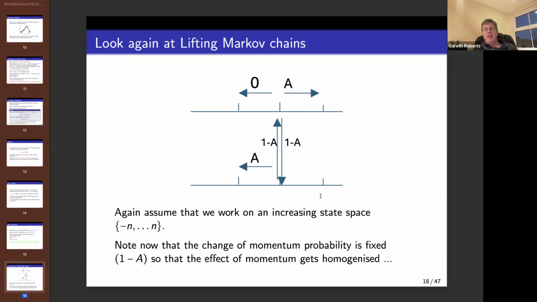So intuitively, we might expect that we don't get quite the advantages of the Diaconis, Holmes, and Neal problem. In particular, the probability that I start at 0 and I go straight all the way to n without changing direction at all, that's going to become exponentially small as n goes to infinity. So in some sense, the effect of momentum can get homogenized here.